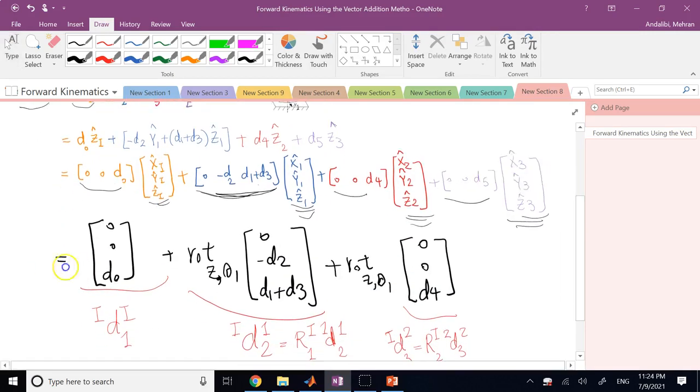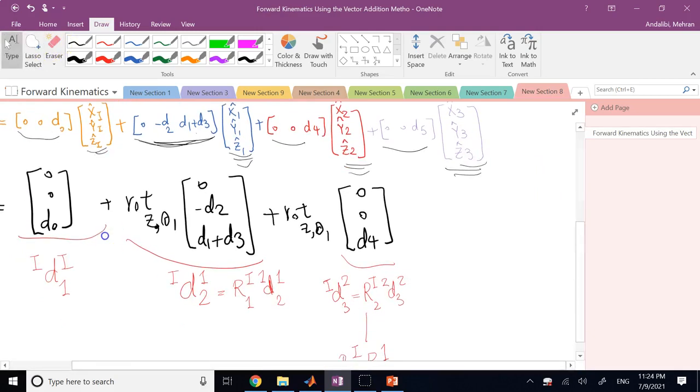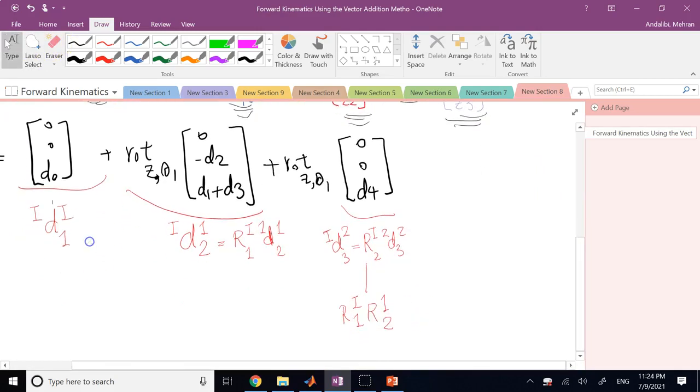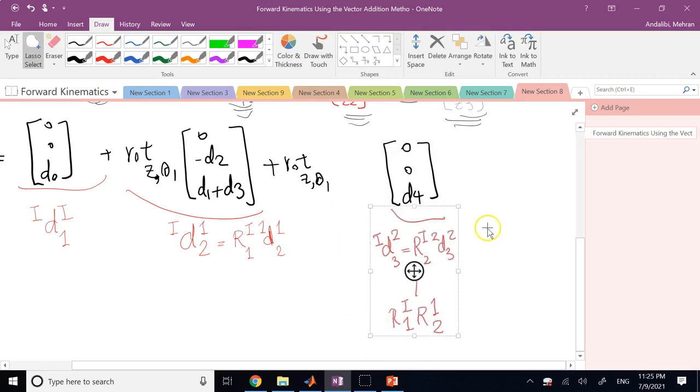So the next rotation here is going to be, let me move this a little bit to here. And then I can move also this guy a little bit.